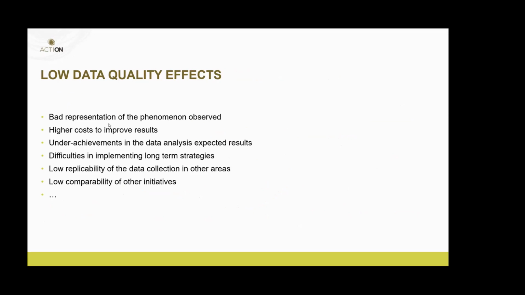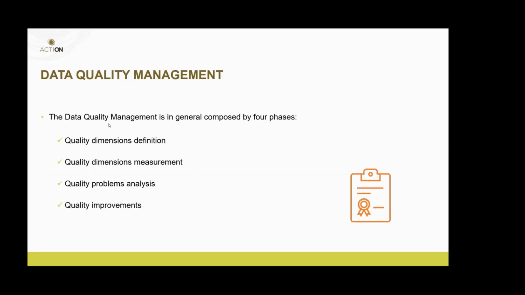If you want to replicate the study in another place with other participants, it's difficult if you collected data with low quality, because you don't know if it will be the same in the next study. And low comparability with other similar initiatives. I could list more than this, but it's just a first overview.